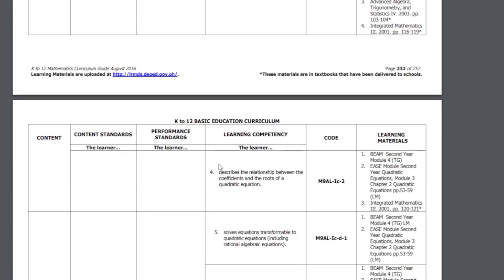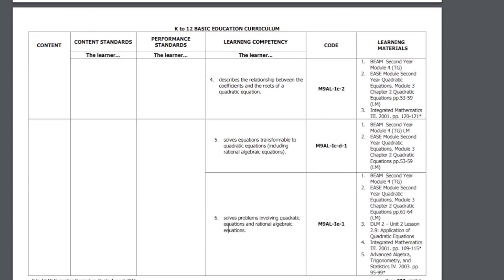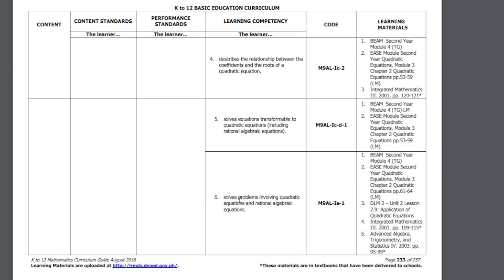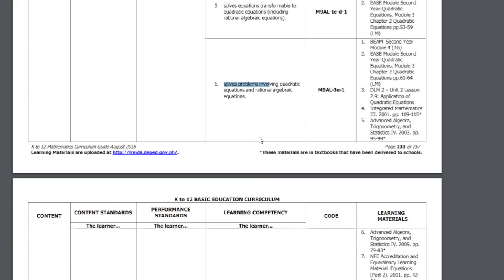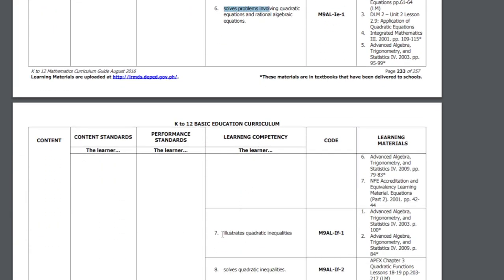Okay. Now we're going to describe the relationships between coefficients and the roots of a quadratic equation. Then we're going to solve it, of course, and then we're going to solve it some more. We're going to first solve it with equations, then we're going to solve word problems with it. Then a new topic, quadratic inequalities.